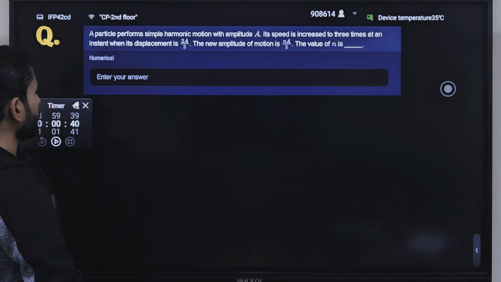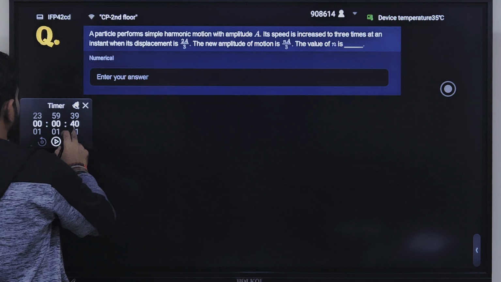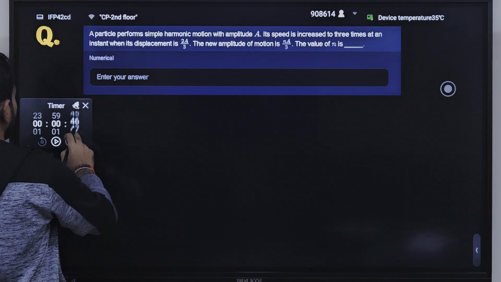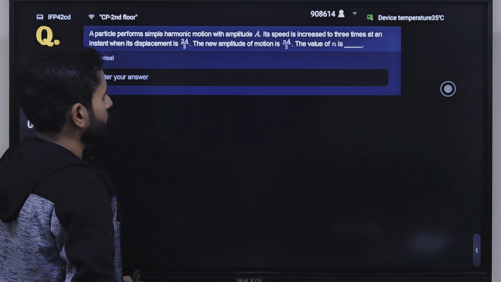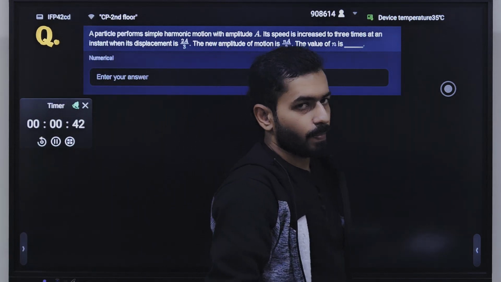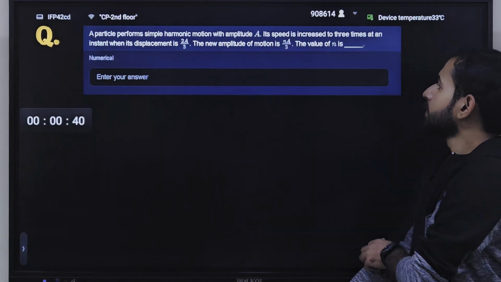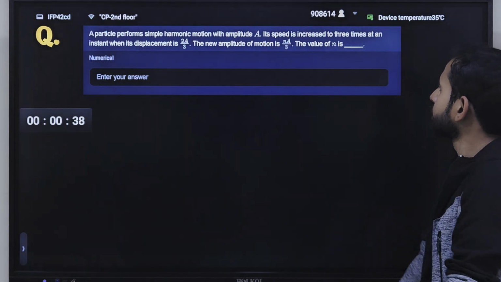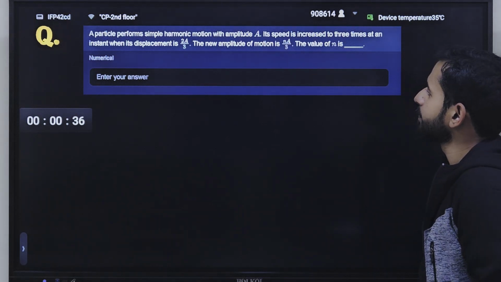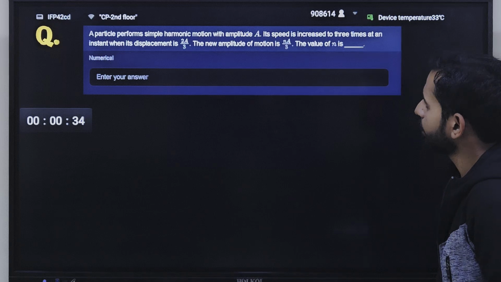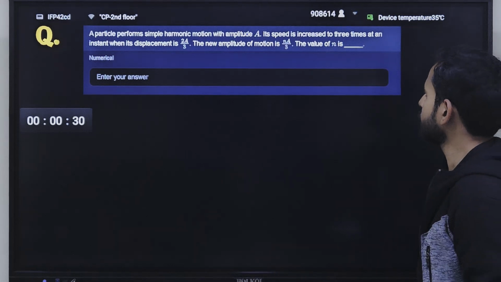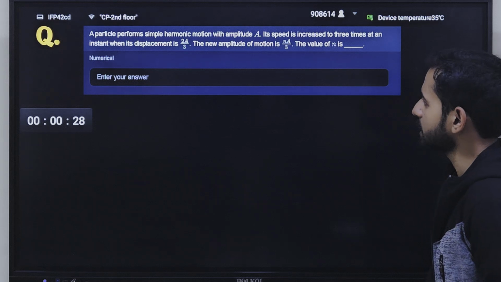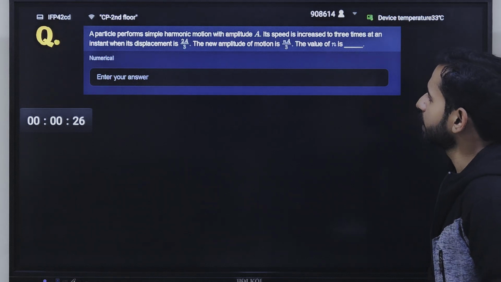Now solve this next question. A particle performs simple harmonic motion with amplitude A. Its speed is increased to 3 times at an instant when its displacement is 2A by 3.